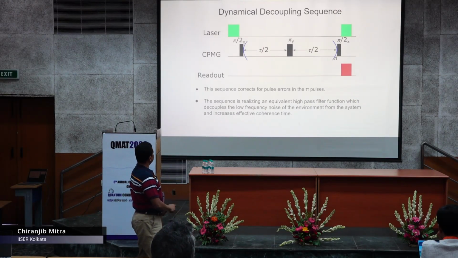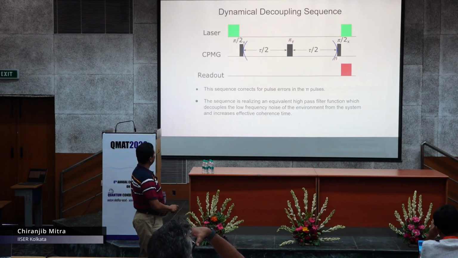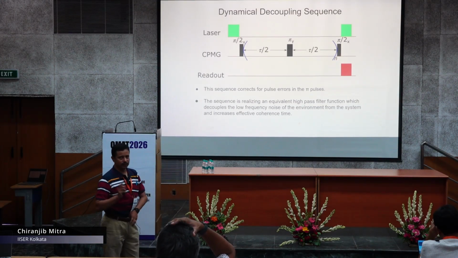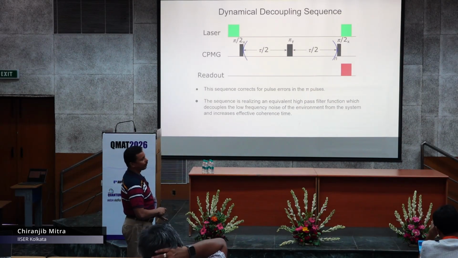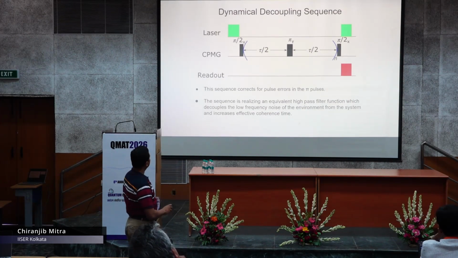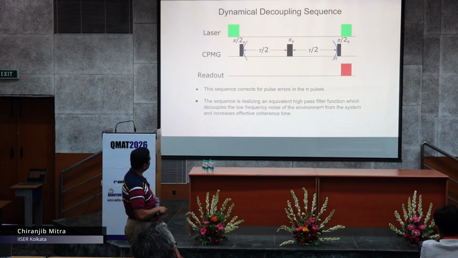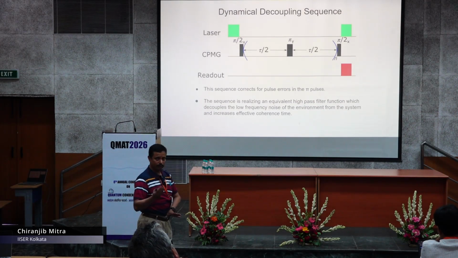The only thing is, let's say this whole thing, I give n times. If I give it n times, this basically increases my coherence times. How it happens is that it is equivalent to a high pass filter function in electronics.